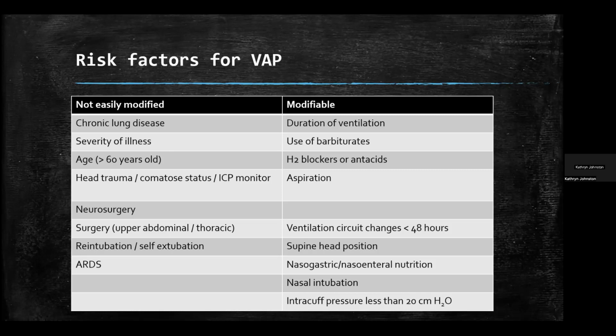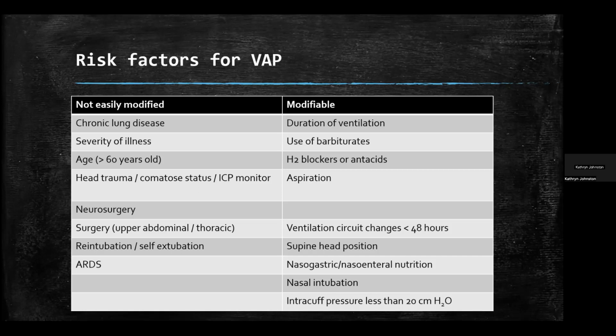And then with respect to the head trauma, the cough reflex, which is centered in the central nervous system, is depressed secondary to the trauma, and so with the head trauma, they have a decreased cough reflex, and that prevents them from adequately clearing the microorganisms from their upper respiratory tract.